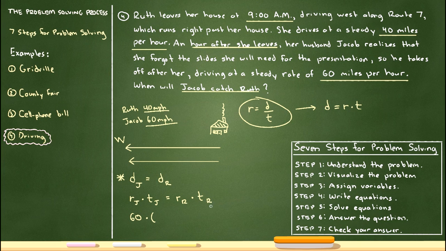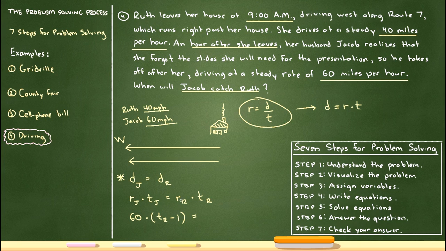So if Ruth was traveling for time t sub r here, then the time Jacob was traveling should be t sub r, the time Ruth was traveling, but minus 1, right? Because he left 1 hour after. So however long Ruth was traveling, Jacob was traveling for 1 hour less. Okay, so 1 hour less than Ruth is this time here.